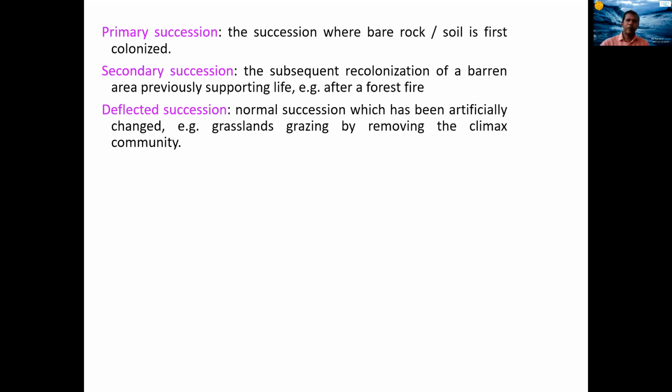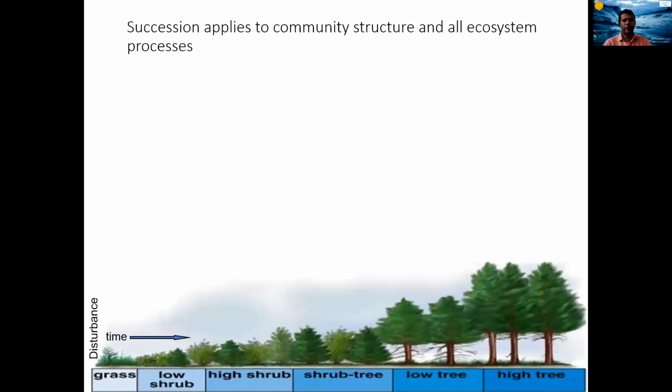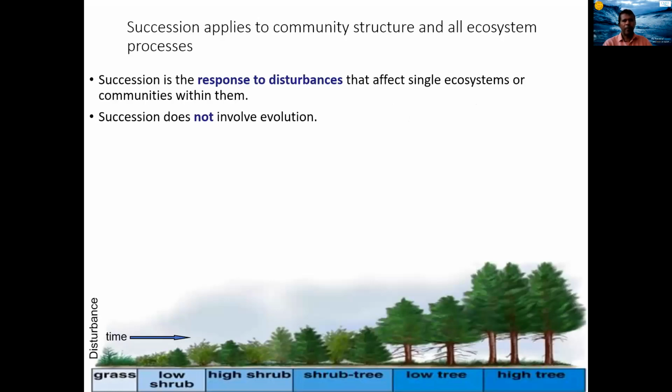And the climax community you get with that grazing animal will be different from the one without the grazers. Likewise, you can have a deflected succession, right?